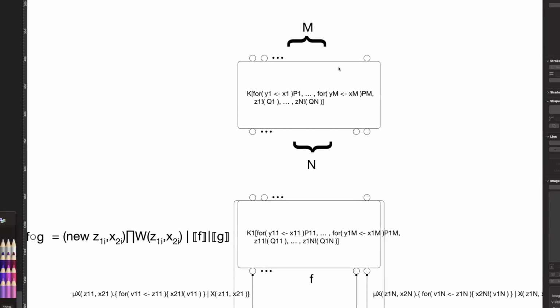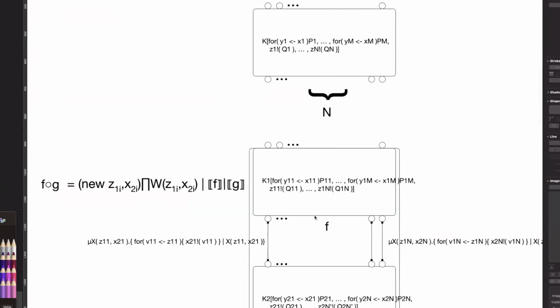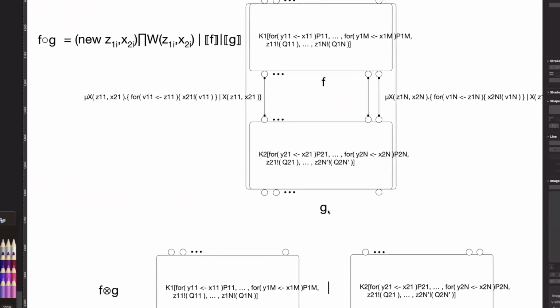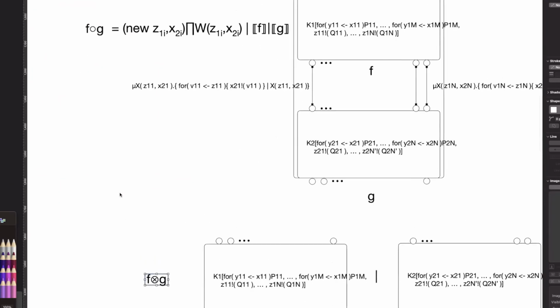So we say, well, first we have to give a definition of what a box is, a box with ports on it, and we have to give a definition of composition, and we have to give a definition of tensor. All right, so I should go ahead and make these more precise so that everyone understands.